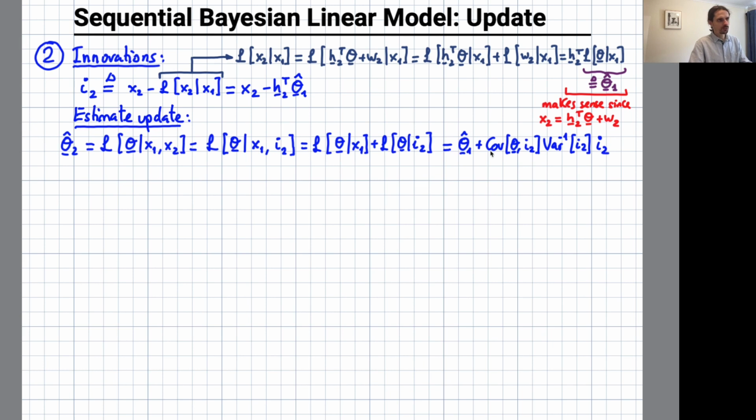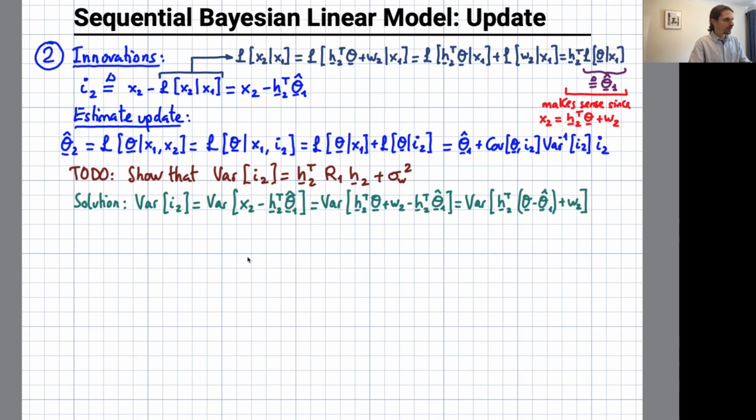So what we need to do is to compute this covariance and this variance. Let's start with the variance, and I suggest that you try to show that it is given by this expression. The proof is very simple. Okay, this is the solution.